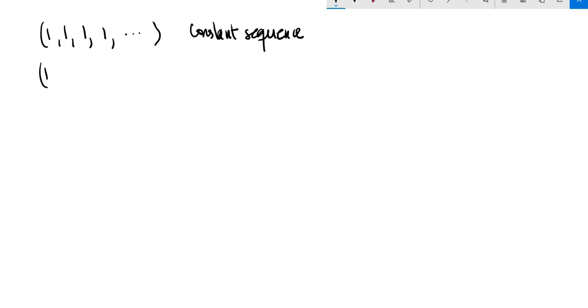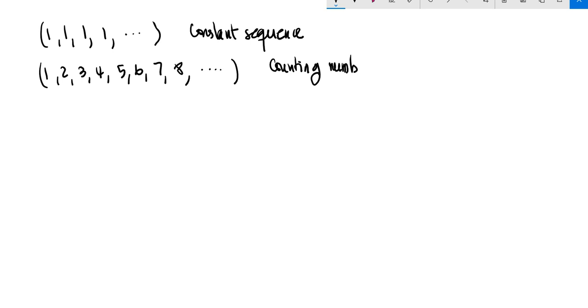We could have 1, 2, 3, 4, 5, 6, 7, 8, and so on. And this is an example of a sequence which consists of the counting numbers. So you just count. We could have 2, 0, 2, 0, 2, 0, and so on.